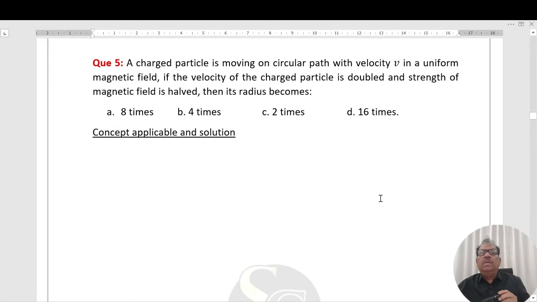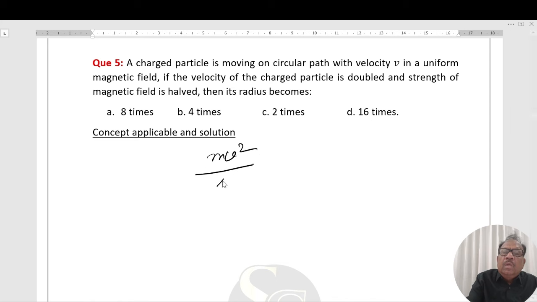A charged particle is moving in a circular path with a velocity v in a uniform magnetic field. If the velocity of the charged particle is doubled and the strength of the magnetic field is halved, then its radius becomes what? We know when a charged particle enters a uniform magnetic field perpendicular to the direction of the field, it moves in a circle. In this case the centripetal force will be provided by the magnetic force QVB.